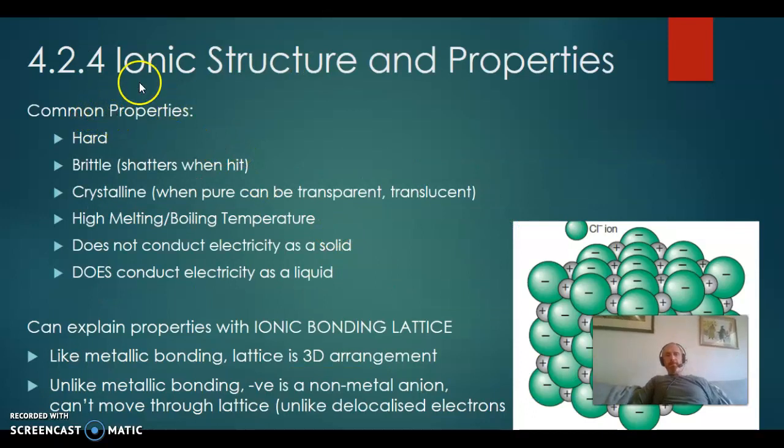Next section is trying to link the structure of an ionic compound to its properties. What are the properties? Ionic compounds are normally hard, which means they're difficult to scratch. They're brittle, which means that they shatter when they're hit.